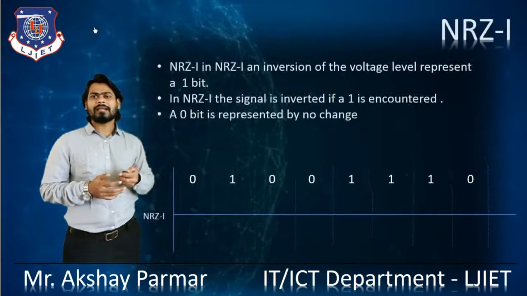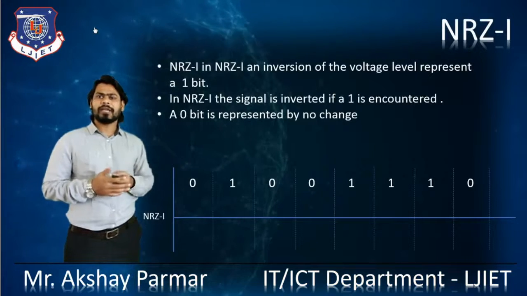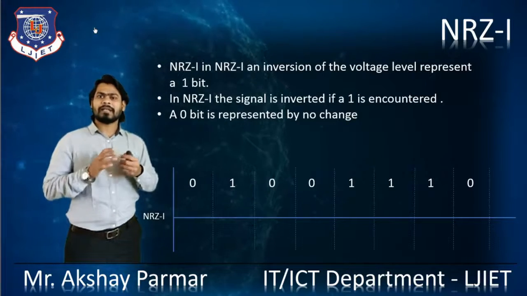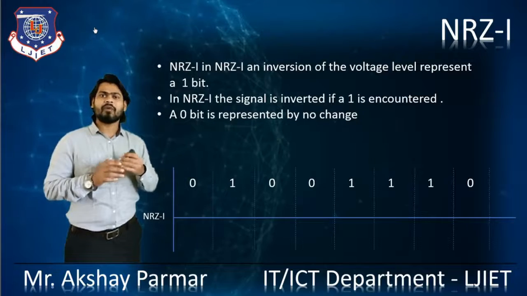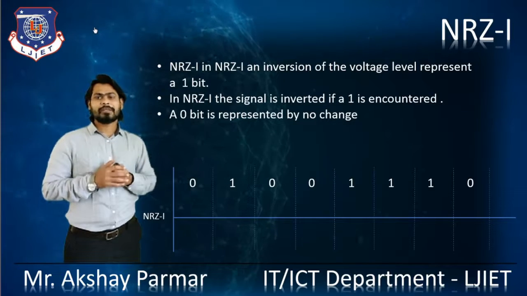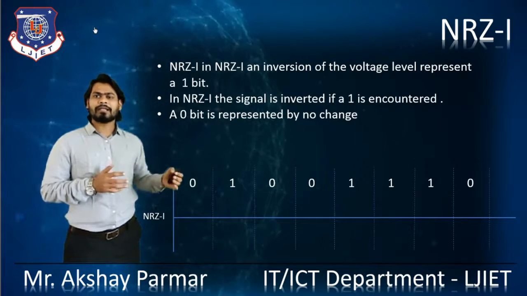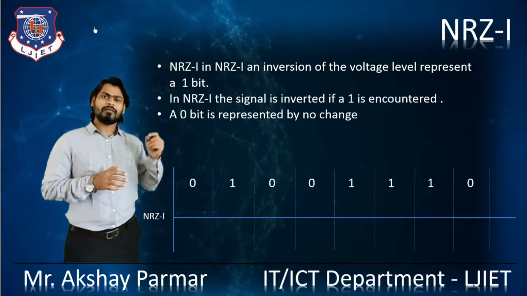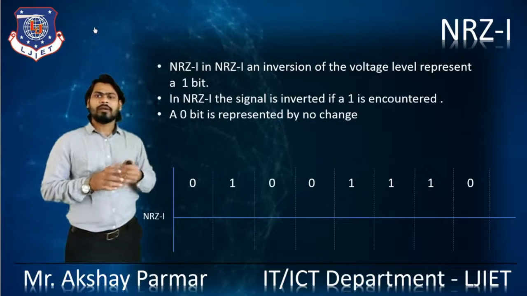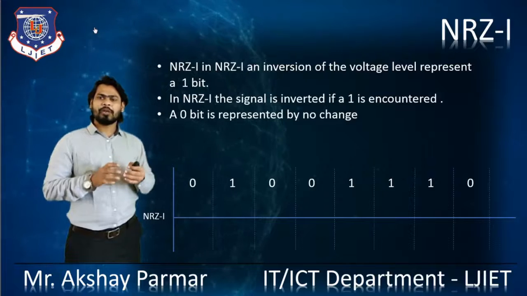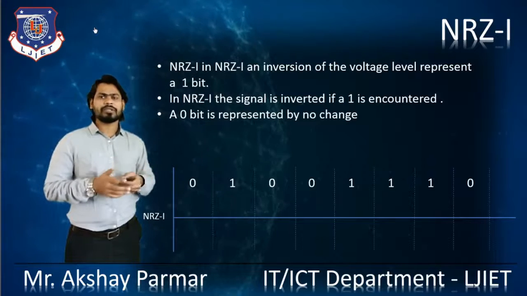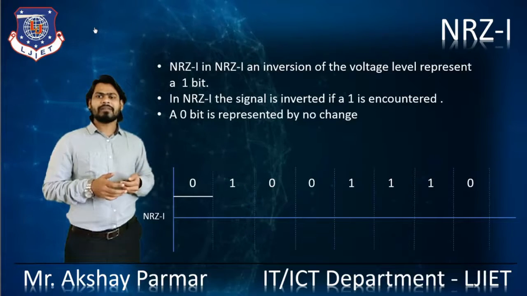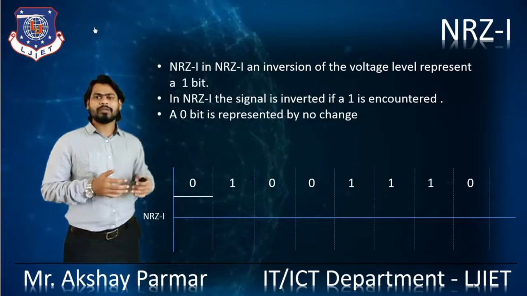Let's see NRZ-I, the inverted bit. In NRZ-I, an inversion of the voltage level represents a 1 bit. The signal is inverted if a 1 is encountered, and a 0 bit is represented by no change. We started with the positive voltage to represent the 0 bit.